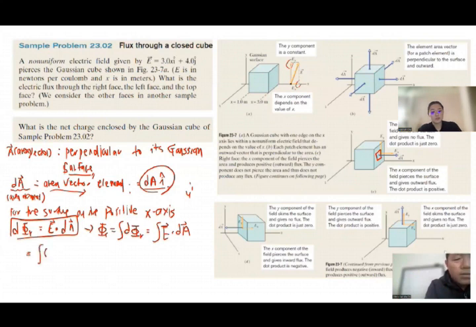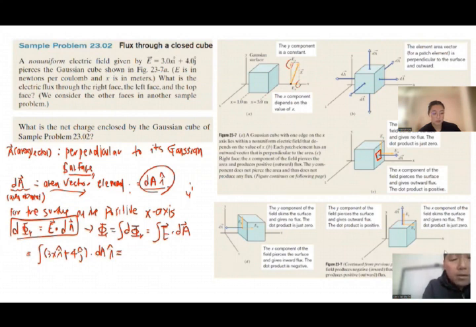That is the integral of (3xi + 4j) dot dA i. The vectorial expressions can be converted into dot products of unit vectors.